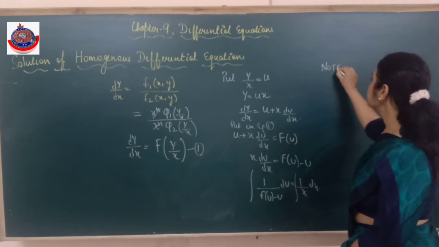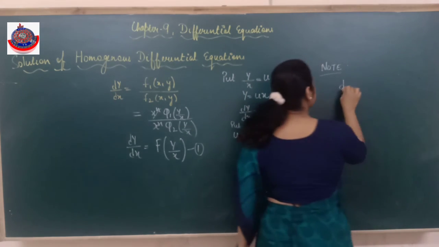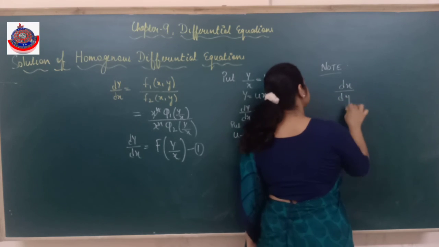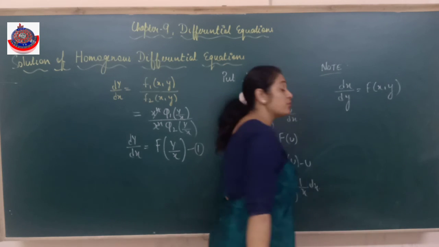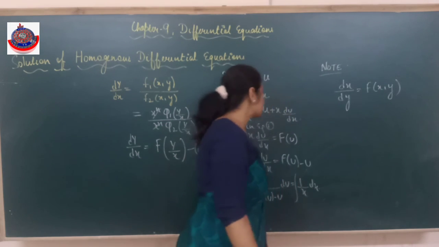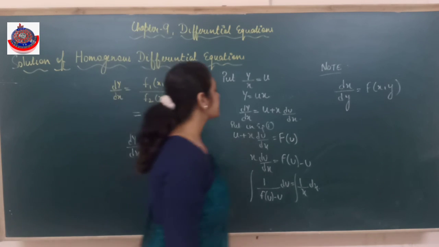अब sometime it happens the question is not in the form of dy upon dx. If it is in the form of dx upon dy, it may happen the differential equation is in the form of dx upon dy. In this case, अब तुम्हारा y upon x नहीं बन रहा, x upon y बन रहा है. Is it clear? Then the substitution is going to be x upon y is equals to u.